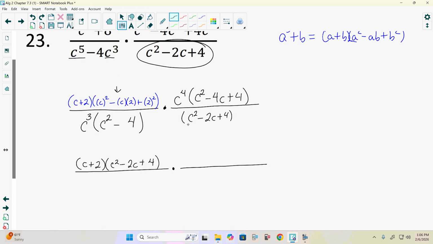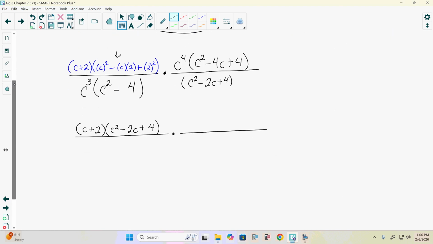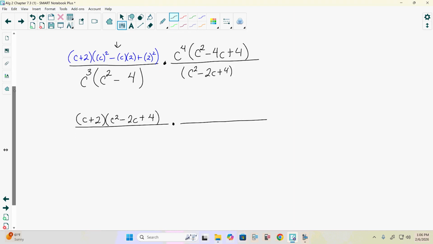Now, if c squared minus 2c plus 4 factors, that's good, but it's already in common on top and bottom. So whatever that factored to, if it does factor, would match the same factors as c squared minus 2c plus 4, yes? But if you remember back, we went over the fact that the quadratic part of a sum or difference of perfect cubes will never factor.